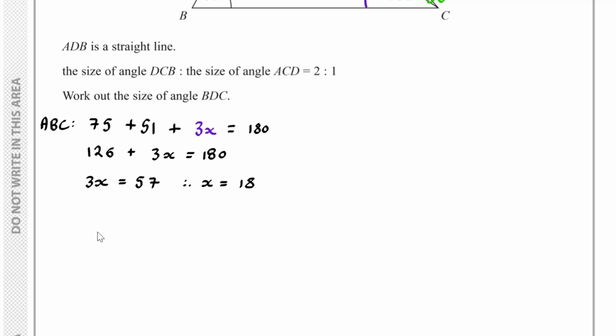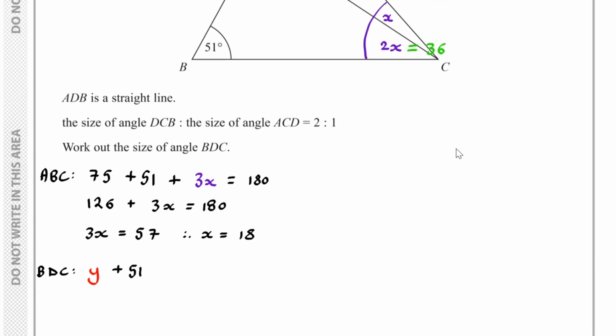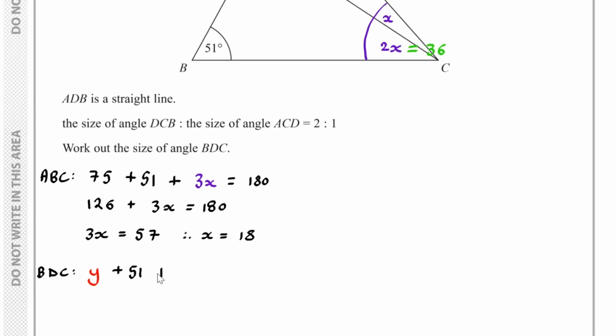Now why is that useful? Because if we consider the triangle BDC, we have the angle y, plus 51, plus over here this 36. So we add on this 36. All of this is equal to 180.